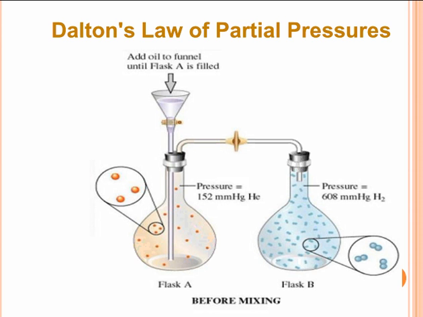So if we just look at this as a very quick example, you have a flask with a pressure of 152 millimeters of mercury, and then you have another flask over here with a gas in it. This one's of helium and this one's of hydrogen, 608 millimeters of mercury. So these are the two pressures of each one individually.